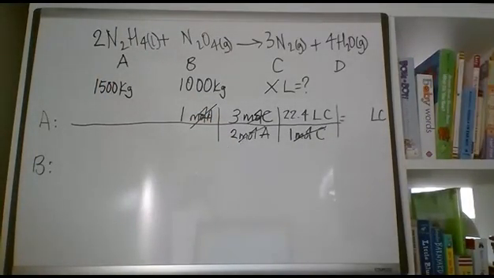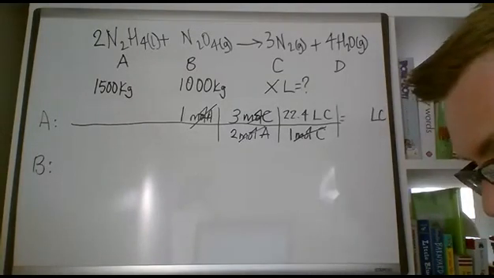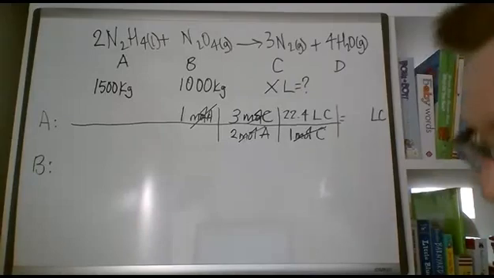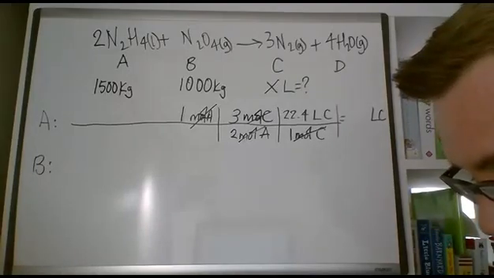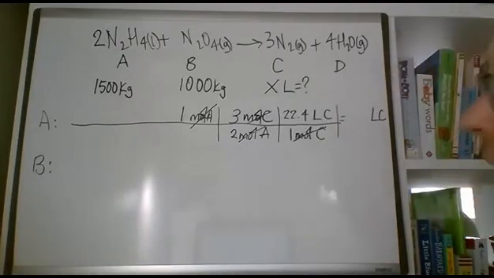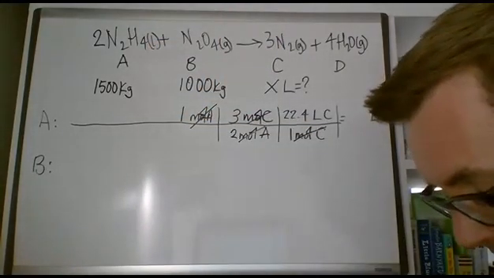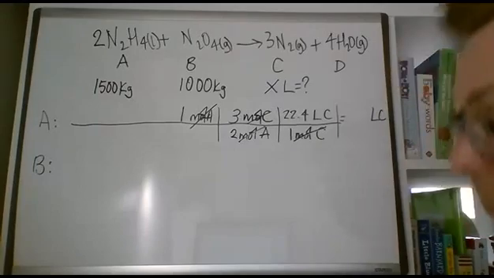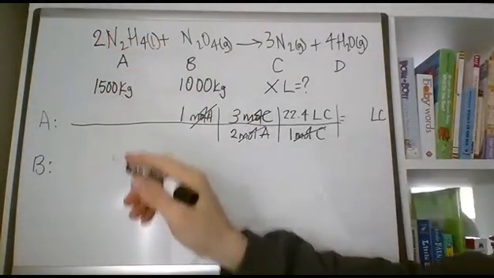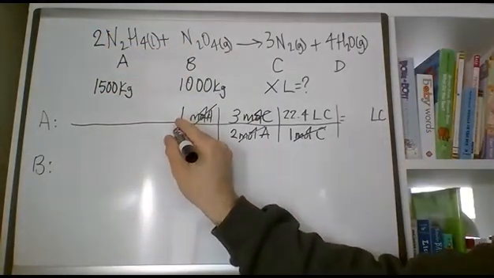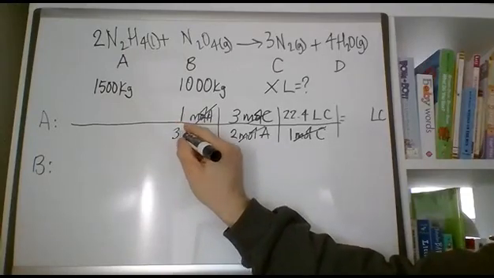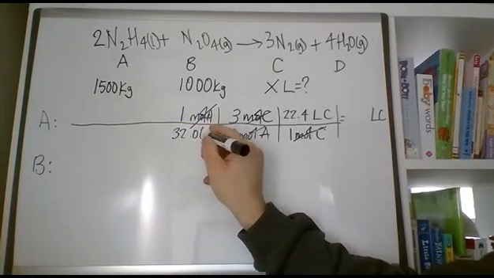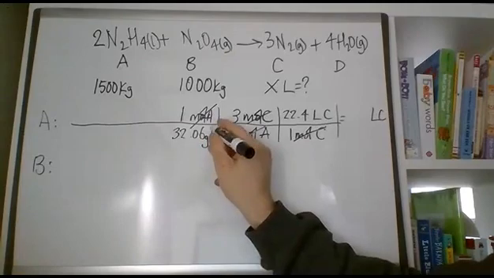So if you look at your periodic table, nitrogen has a mass of 14.01. So 2 nitrogens are going to be 28.02. And then I have to add 4 hydrogens, which is going to be 4.04 in total. So the entire mass in grams of this chemical is 32.06 grams of chemical A.